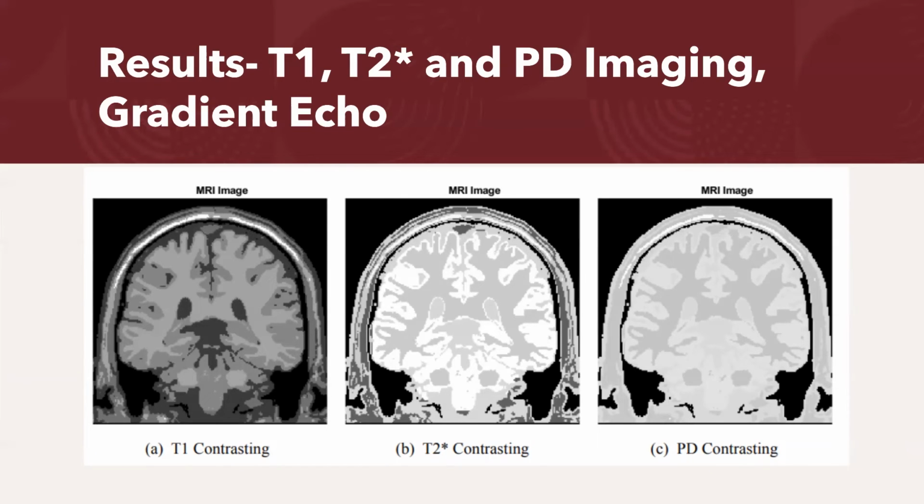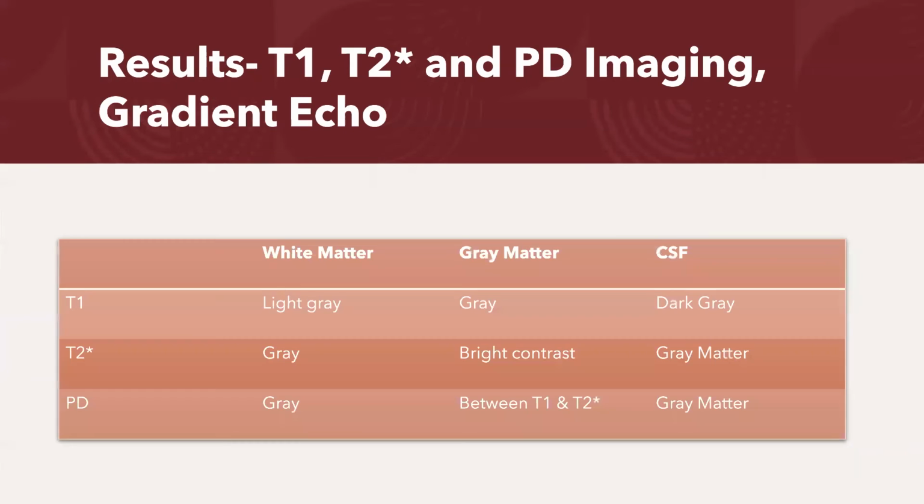As we've mentioned before, the images are using 3 different weights, namely T1, T2 star, and PD. We can reconstruct the gradient echo images, and such images come up with different colors for different tissues. For brain tissues, 3 of the most important tissues are gray matter, white matter, and CSF.